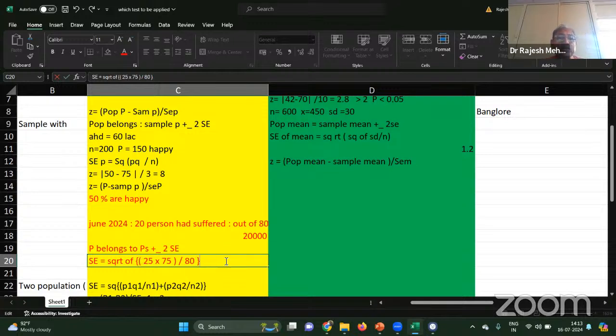So this answer we need to find out, and that will be the standard error. Based on standard error, we can find out what will be the number of people suffering in the population. So you can also try to calculate this figure.